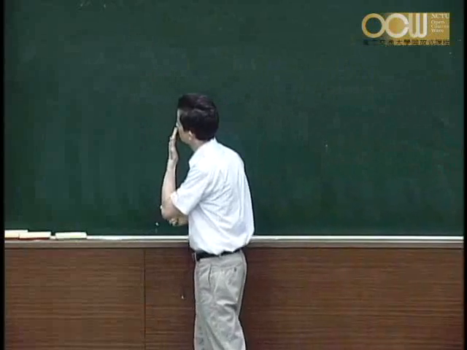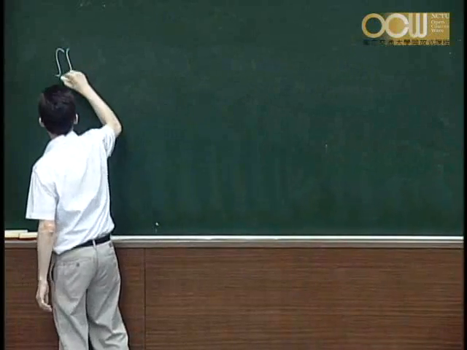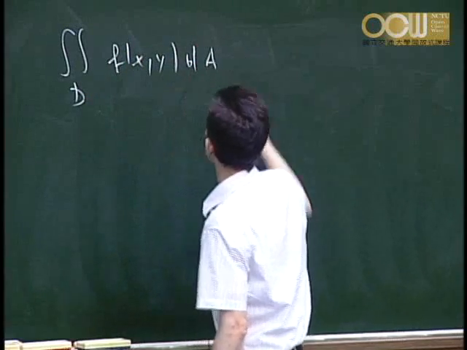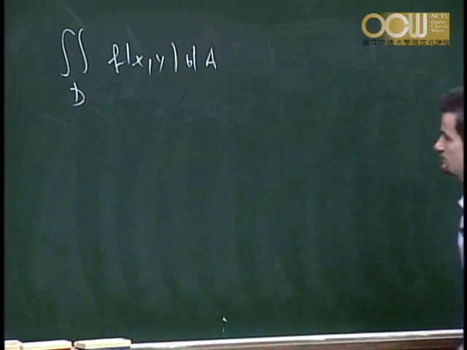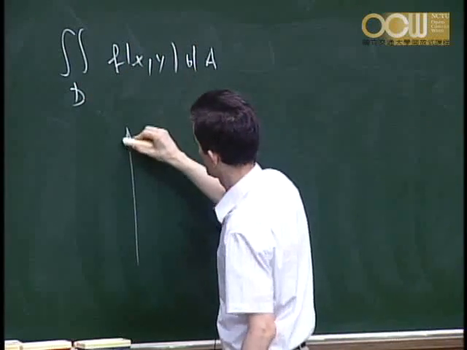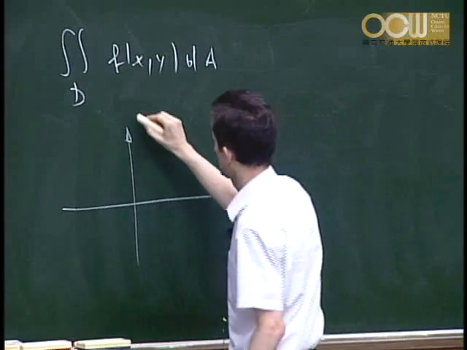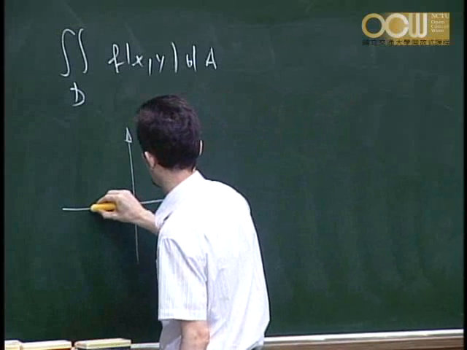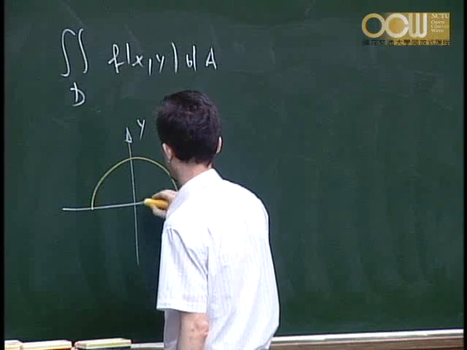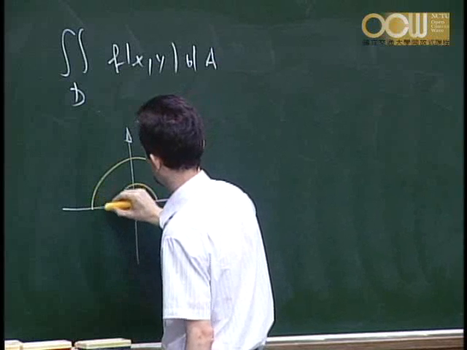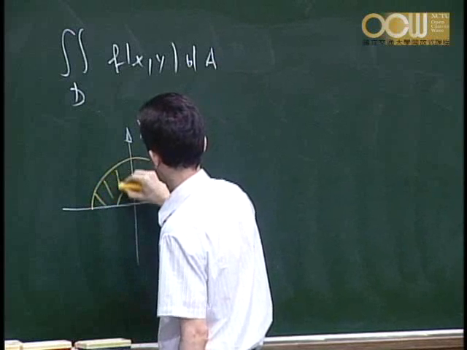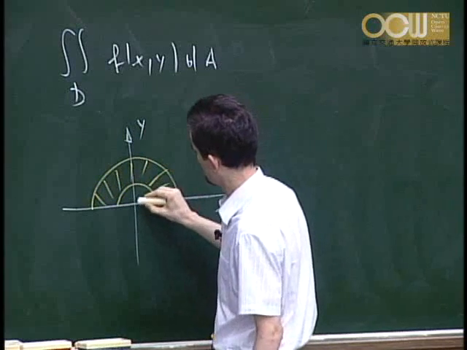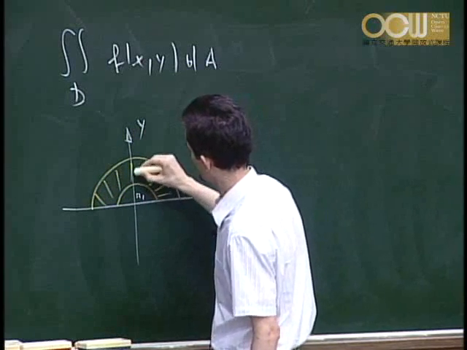For instance, the region is given by, let's say, this part here of a circle, where the inner radius is R1 and the outer radius is R2.